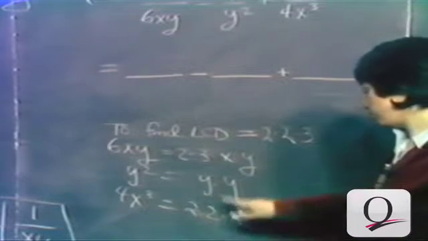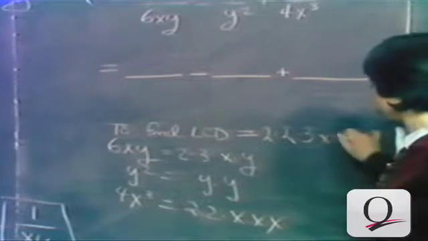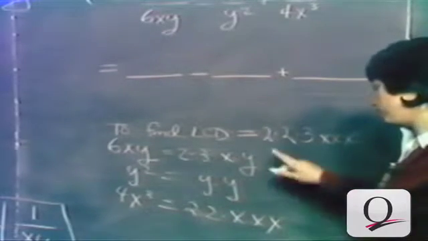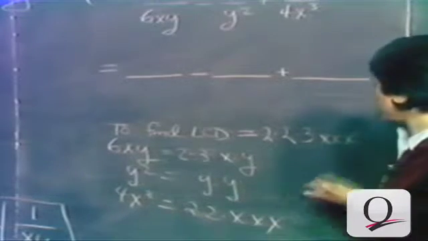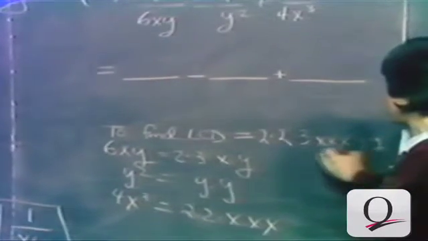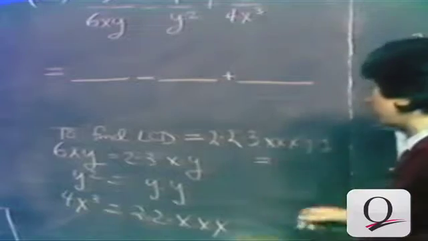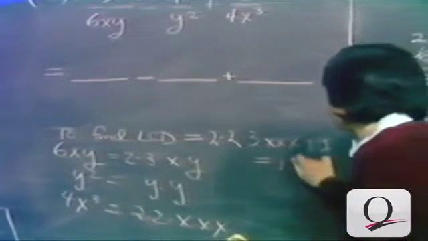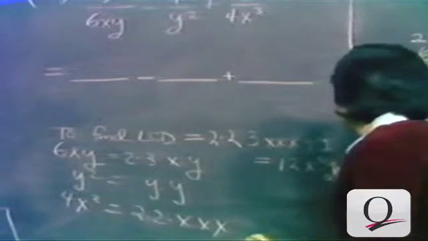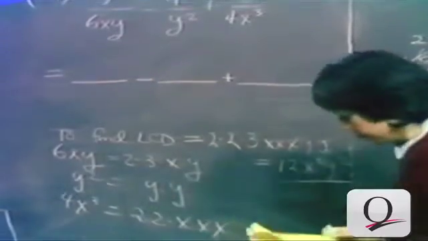X appears once, 0, 3 times, so we take it 3 times. Y appears once, twice, 0 times, so we take it twice. This gives us, as our LCD, 4 times 3, 12, x cubed, y squared.